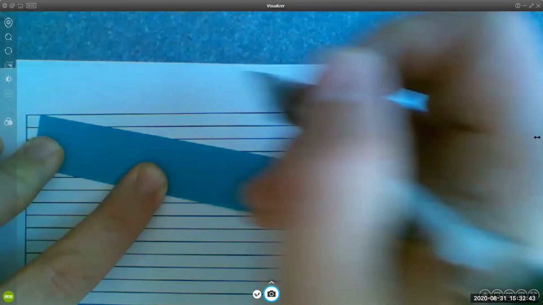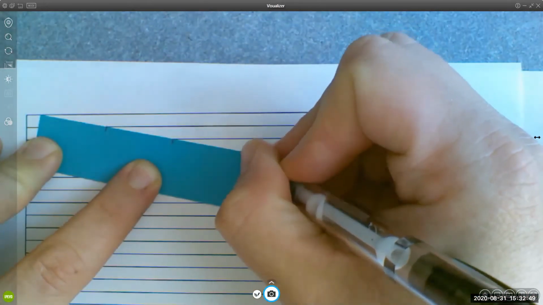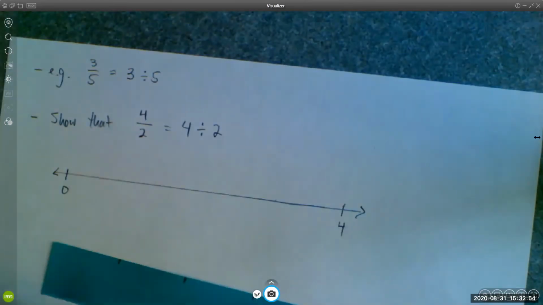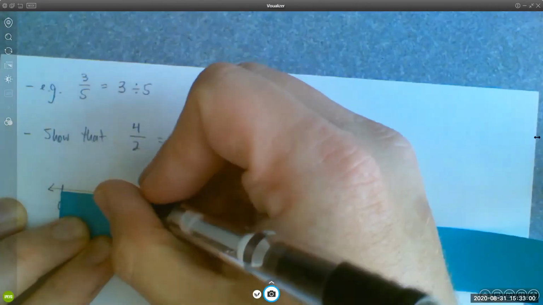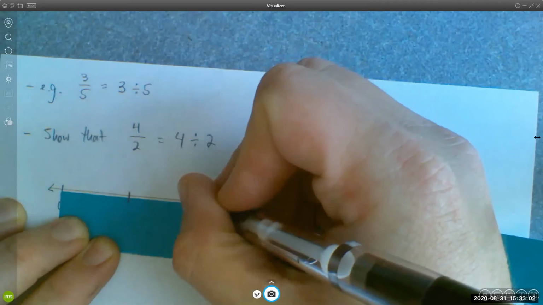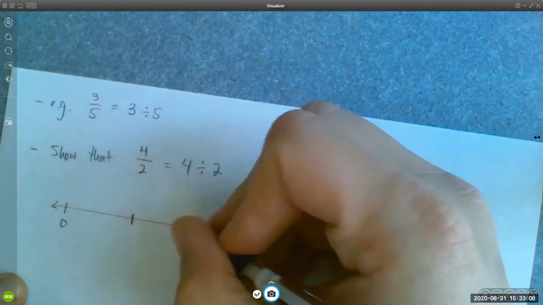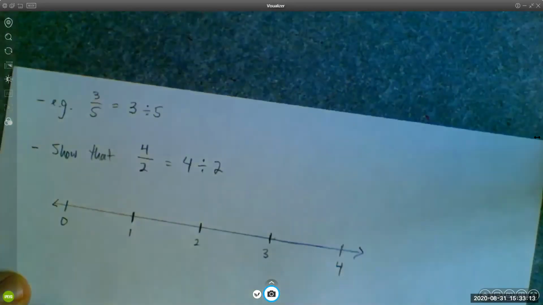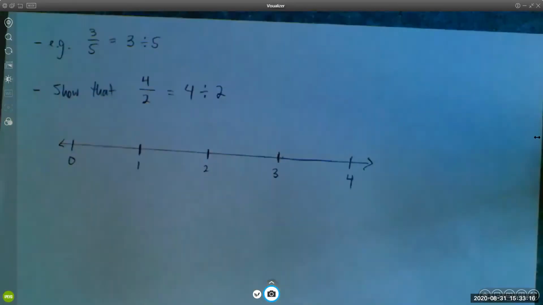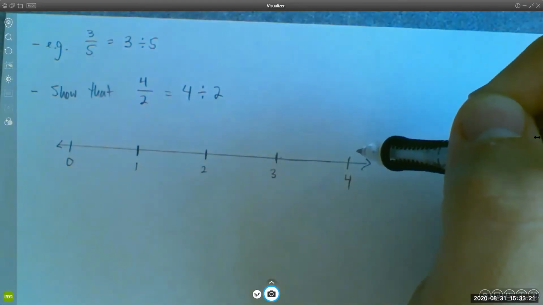Okay, and then I can mark the intersections. 1, 2, 3, and then there would be 4, right? So then I've split that into 4 equal parts. So I can label these 1, 2, 3, and 4. Okay, now, so I've got my 4 units on there. They're split perfectly evenly across, right?